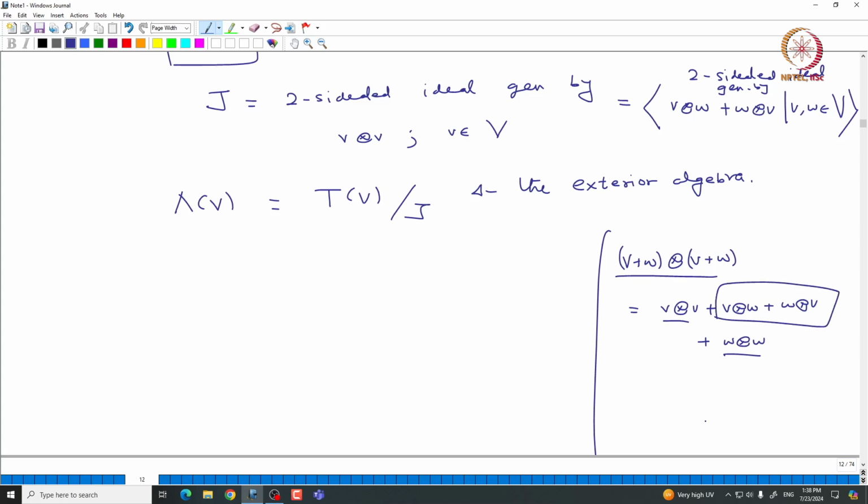Conversely, if this is 0 then V tensor V is 0, because we can take W to be V.